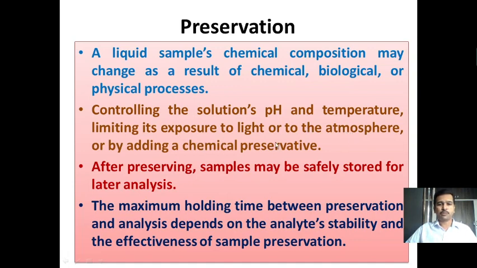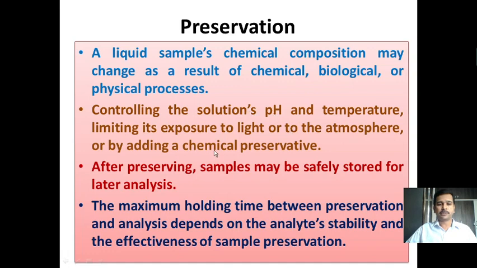And we have to limit the exposure of the sample to the light or to the atmosphere, because when the collected water sample is exposed to the light or atmosphere, certain species may be prone to decomposition by light. Certain species may interact with the atmospheric components. Therefore, their originality, their actual composition will be subjected to variation.